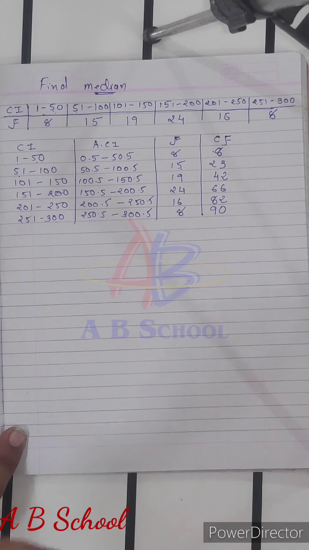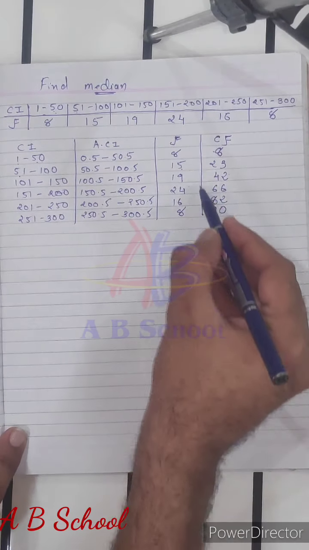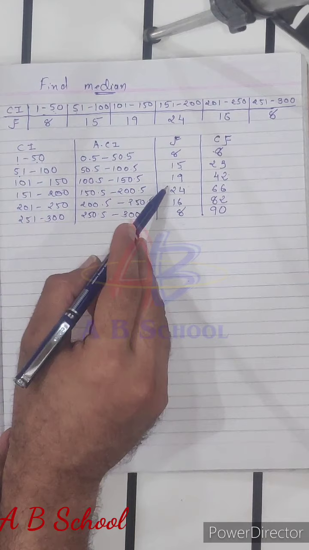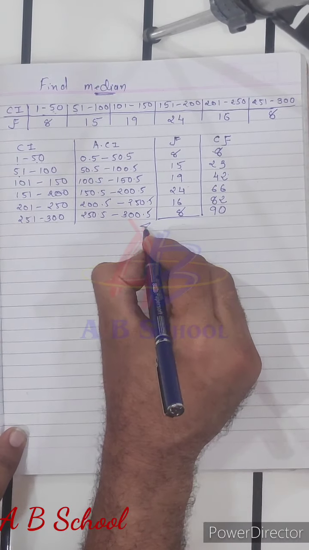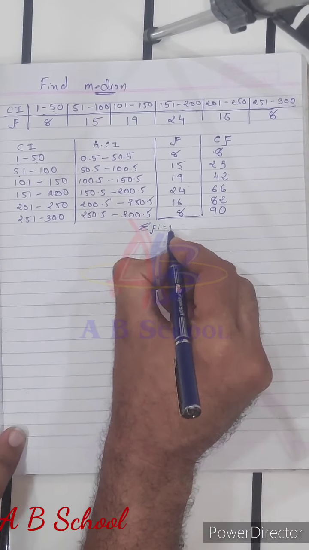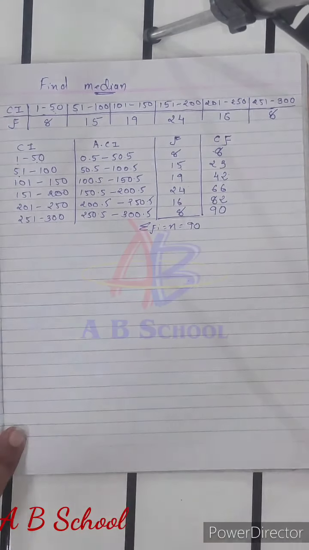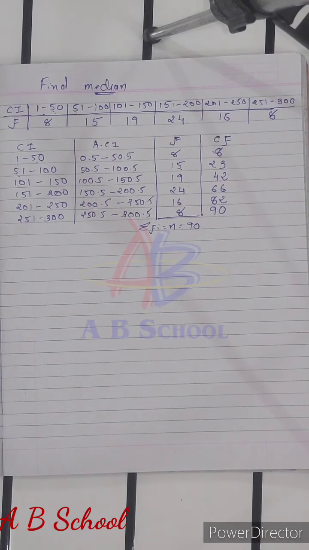I have to recheck by adding all the frequencies, so it is here also 90. So it is confirmed that summation Fi is equal to n is equal to 90. So my table is ready.